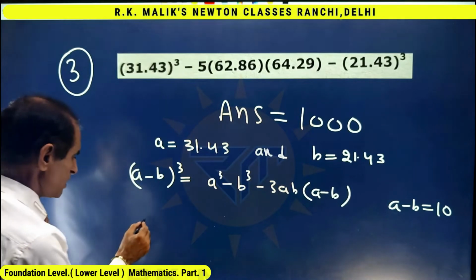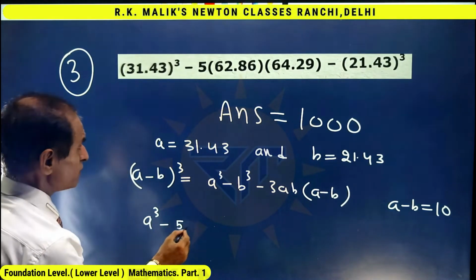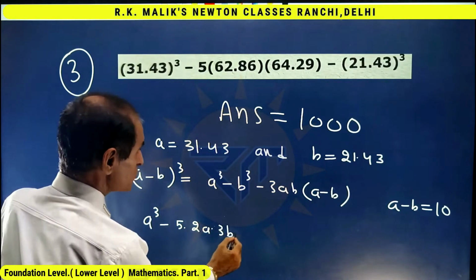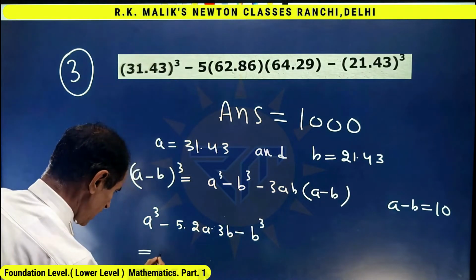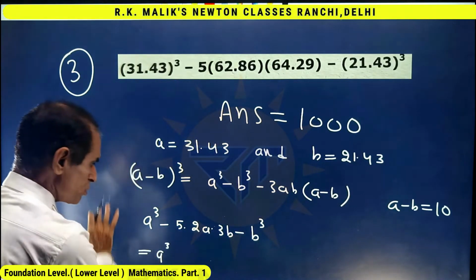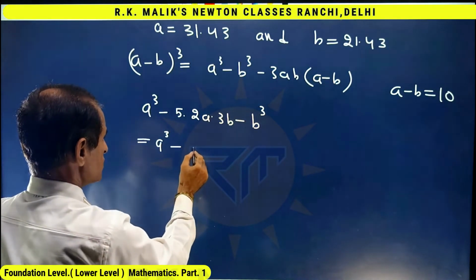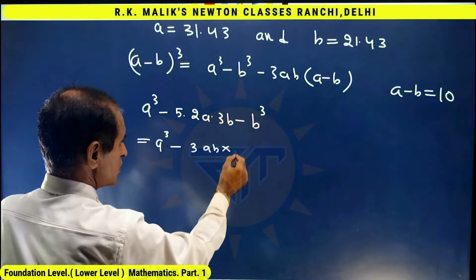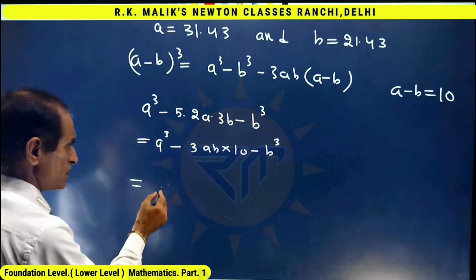Hence, this can be written as A cube minus 5 into 2A into 3B minus B cube. That is, I get A cube minus 3AB into 10 minus B cube.